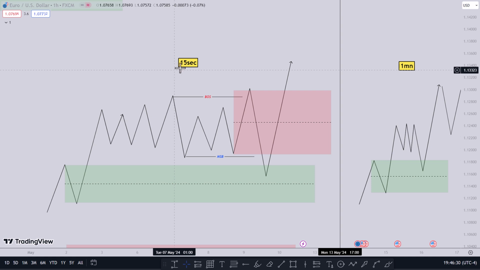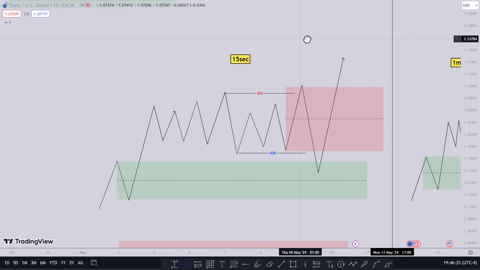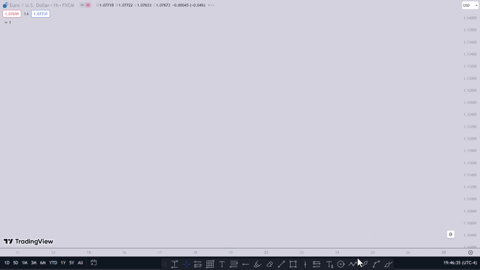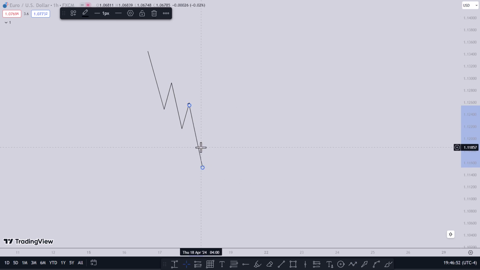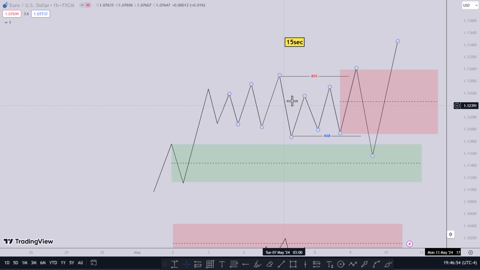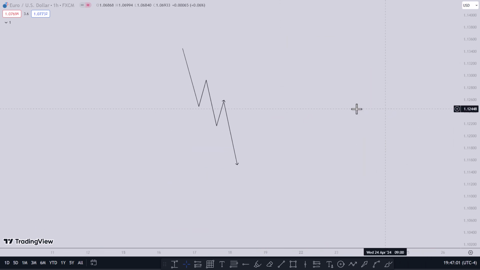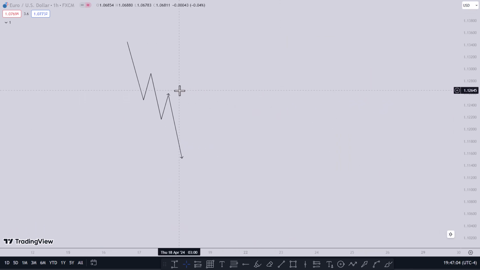All right, the first filter that we're going to talk about is, let's say that this is the 15-second time frame. Basically we are shorting a 15-second pullback into here, and then we are shorting that expansion lower, and we are using the 5-second to look for this sweep into an unmitigated zone, and then continuing lower.